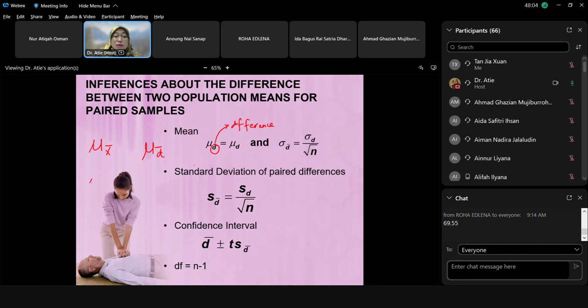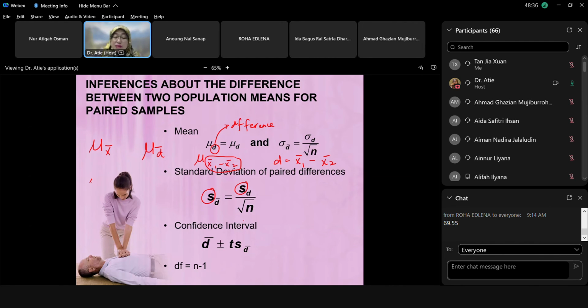Or sometimes we also use x bar 1 minus x bar 2. So this is the difference. So d is actually the mean of sample treatment 1 minus treatment 2. That's what the letter d means. And then the standard deviation, same thing: we get the standard deviation from the population, and then we divide by n.